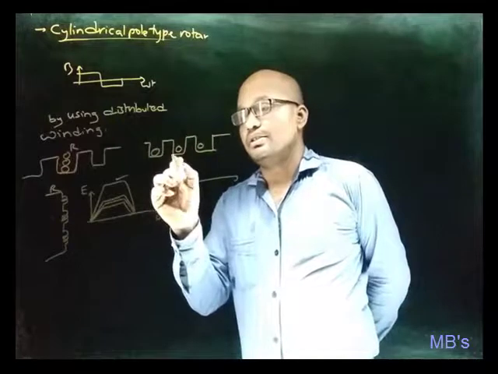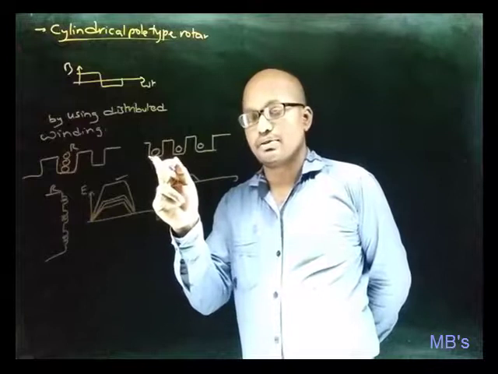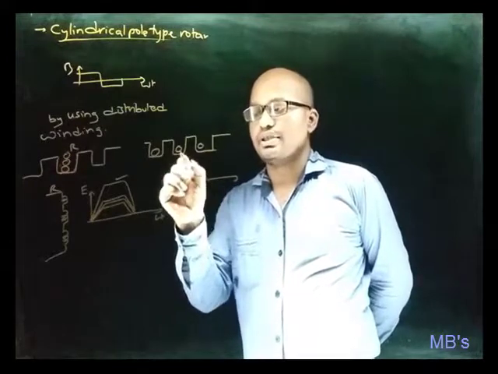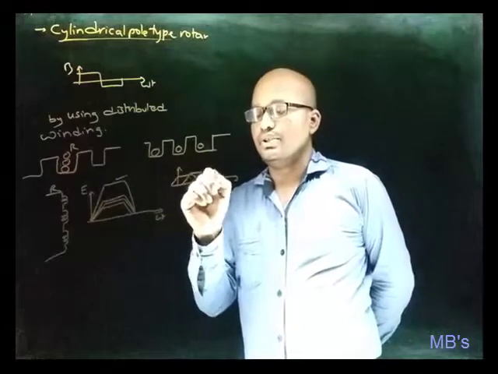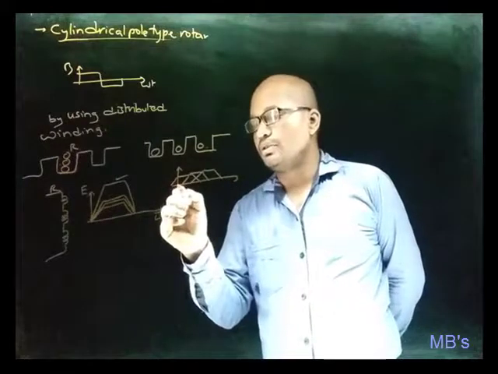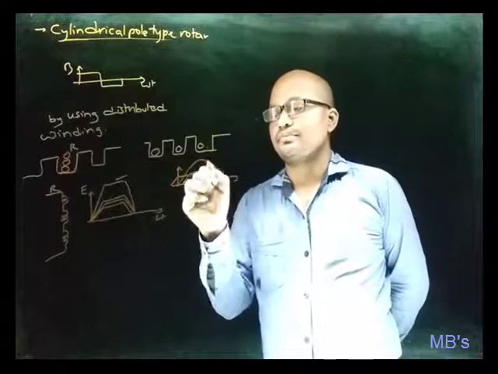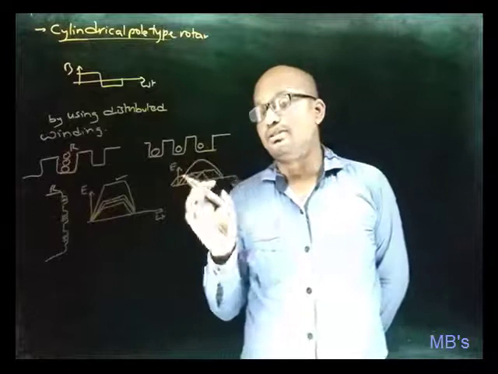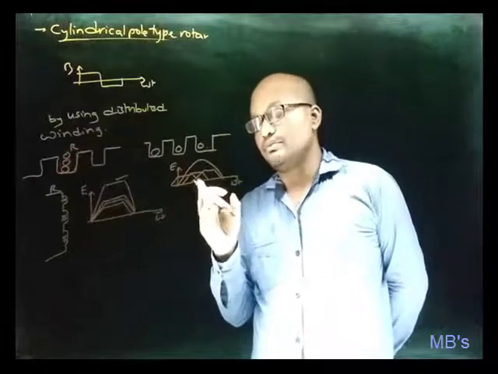Let this be the EMF induced in the conductor placed in this slot, and let this be the EMF induced in this slot conductor, and let this be the EMF induced in the conductor. Okay, and on the whole together they will add up, and the resultant will be like this. So from this you can conclude that with a distributed winding, the induced EMF will become sinusoidal.